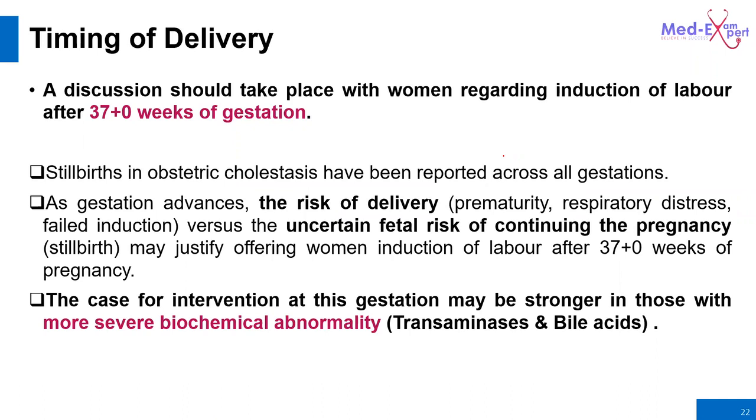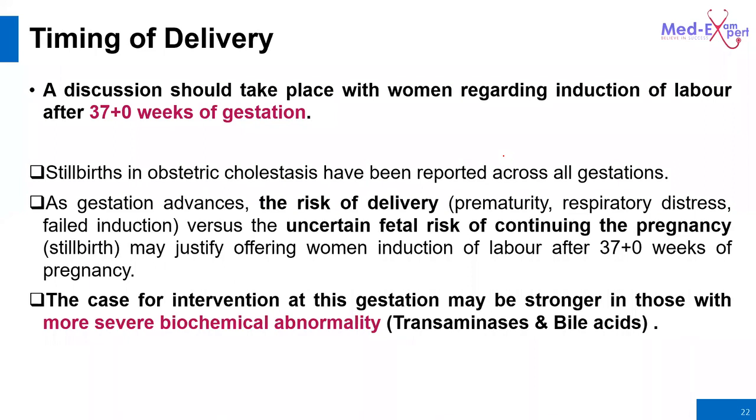As gestation advances, the risks of delivery, such as prematurity, respiratory distress syndrome and failed induction, versus the uncertain fetal risk of continuing the pregnancy, which is stillbirth, the major fetal risk, may justify offering women induction of labor after 37 weeks.